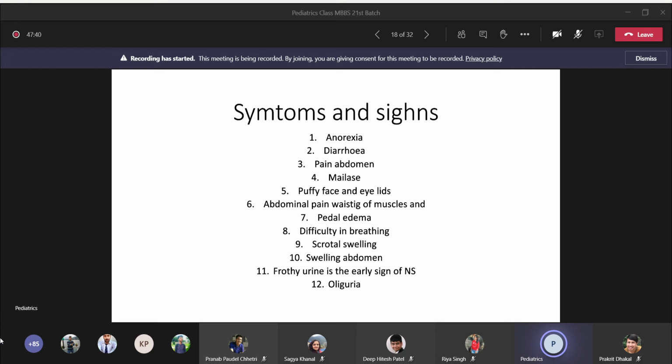Because the patient may develop pleural effusion or may have pneumonia or may have tuberculosis also if the patient is having nephrotic syndrome. Then there may be ascites also. So these are the symptoms and signs of the patient with nephrotic syndrome.